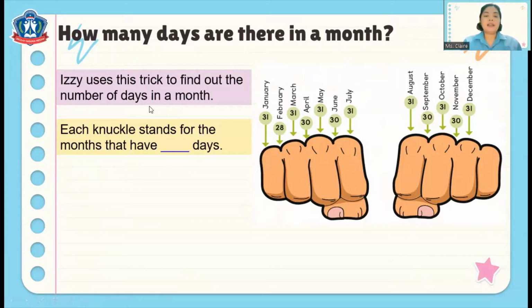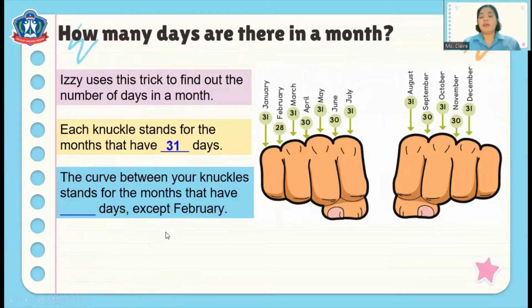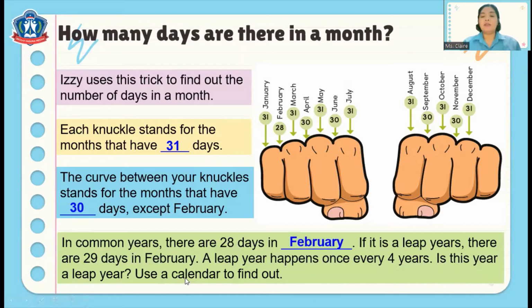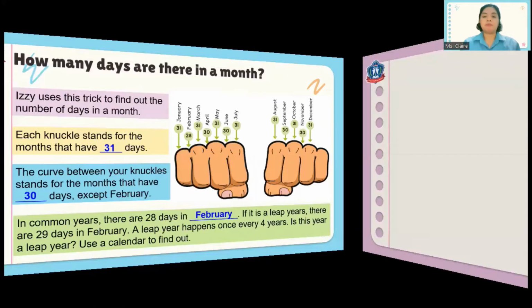Each knuckle stands for the months that have 31 days: January, March, May, July, August, October, and December. All of these 7 months have 31 days. The curve between knuckles stands for months with 30 days, except for, of course, February, because February, children, has 28 days except during leap year.